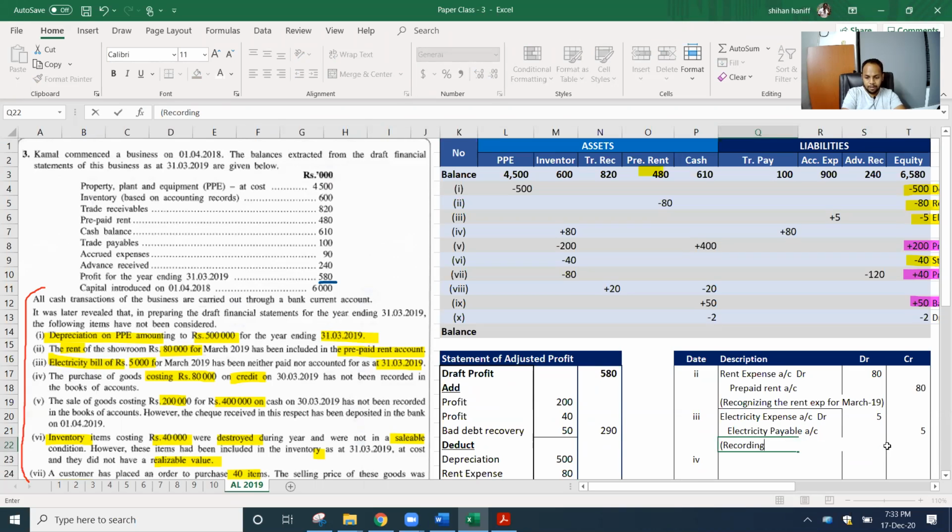Recording the omitted electricity. Right, so that's the second transaction.